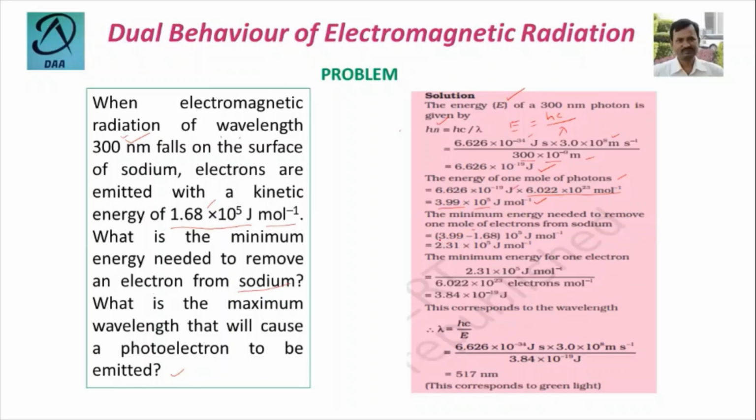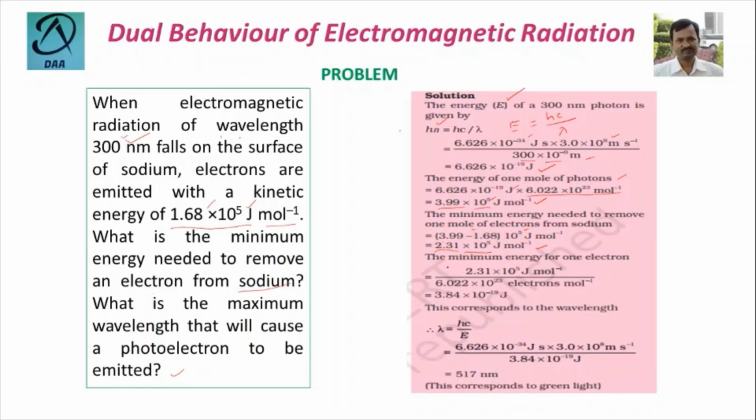That means 3.99 minus 1.68 within first bracket multiplied by 10 to the 5. You see that in this case, in both, the energy is multiplied by 10 to the 5, and for kinetic energy also 10 to the power 5. So we make it common. So the value ultimately will be 2.31 multiplied by 10 to the 5 joule per mole.